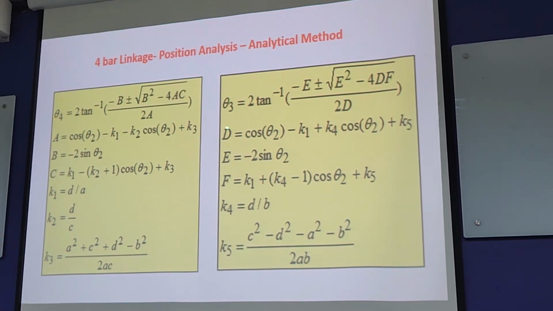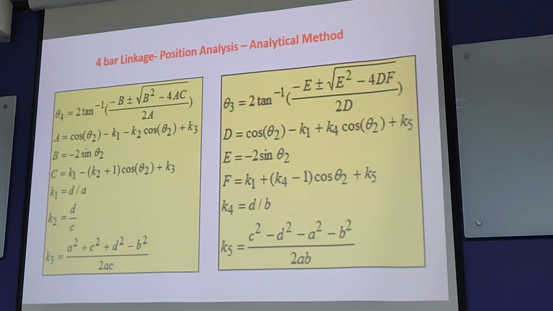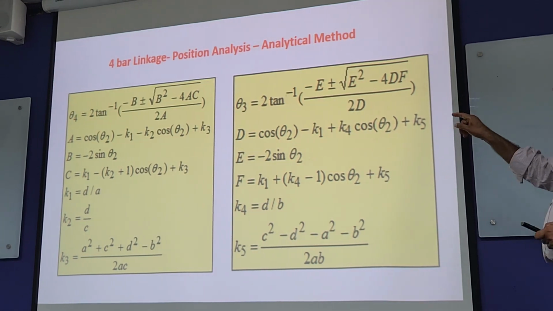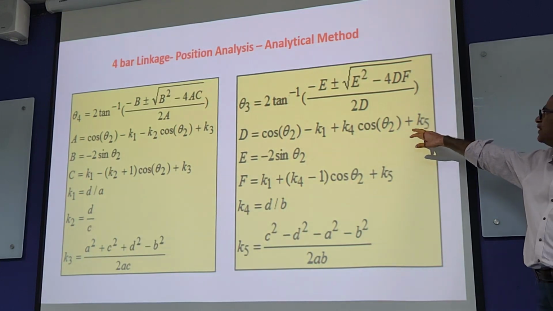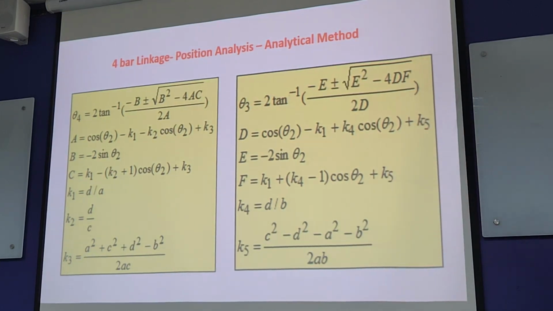So for example, if you want to find out theta 3, you need to calculate D. So what is D? D is cosine theta 2 minus K1 plus K4 into cosine theta 2 plus K5. So what is K5 and what is K4 and what is K1? They are defined here. K1 is D over A. What is D?